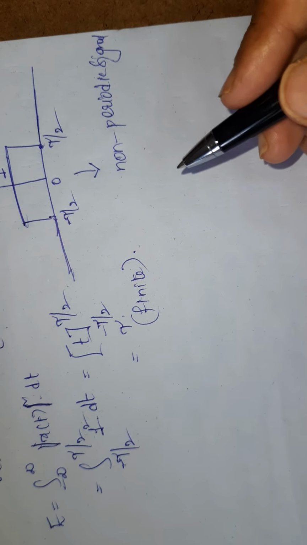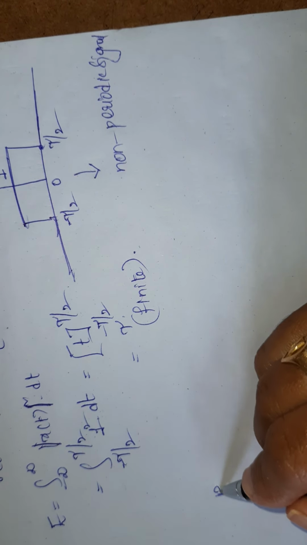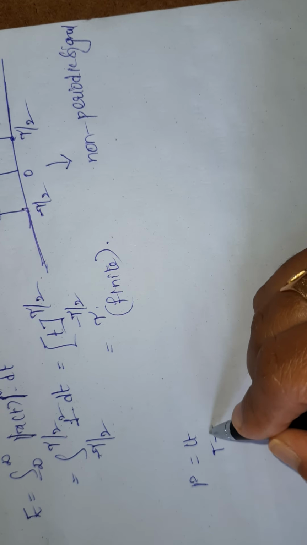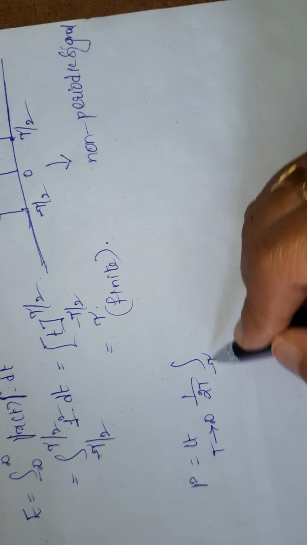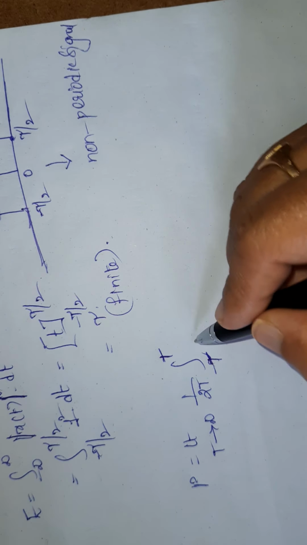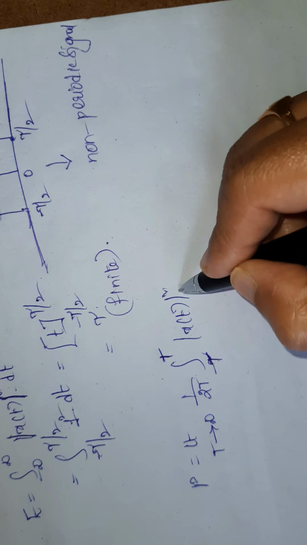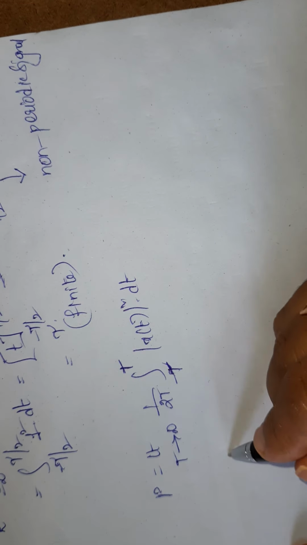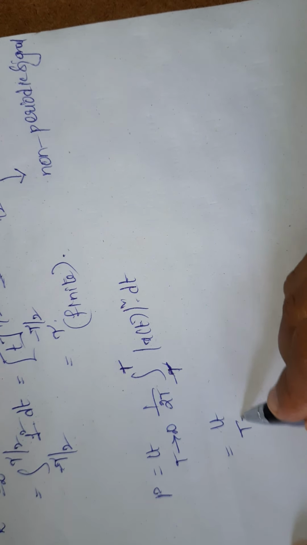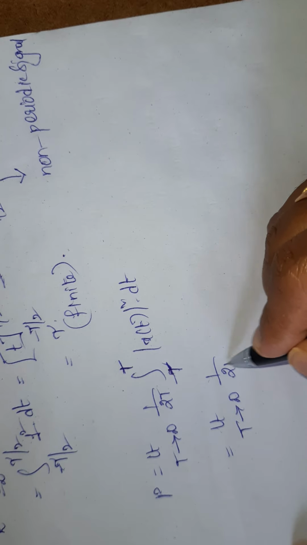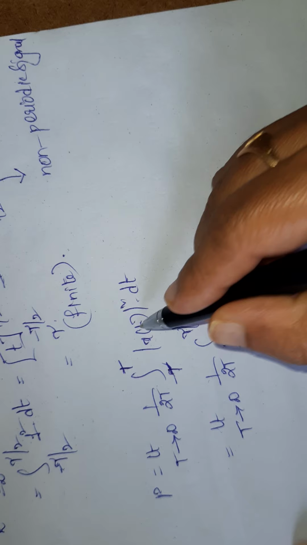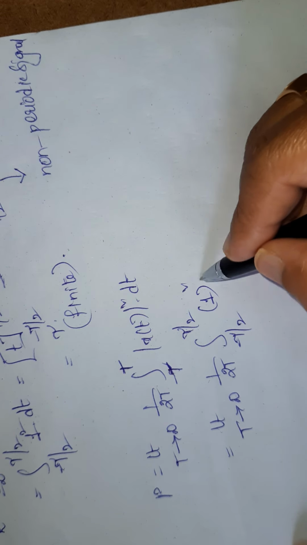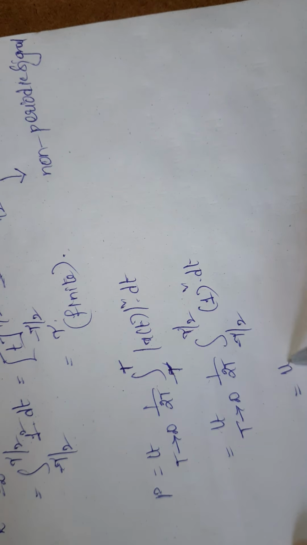And what is the power? Normalized power P is equal to limit T tends to infinity 1 by 2T integration from minus T to plus T modulus of x of t whole square dt. So here limit T tends to infinity 1 by 2T, and again the limits will change to minus tau by 2 to plus tau by 2, and here the magnitude is 1 square into dt.